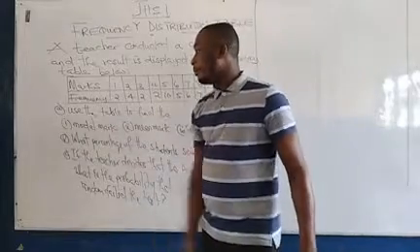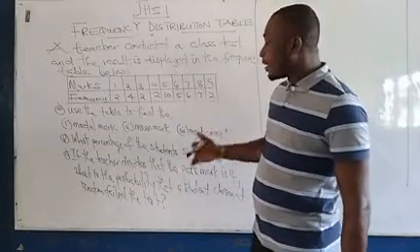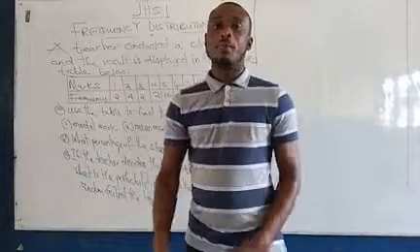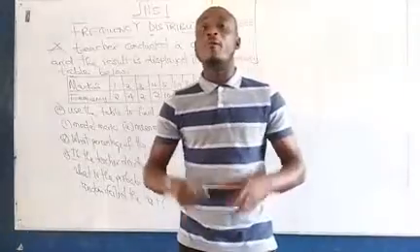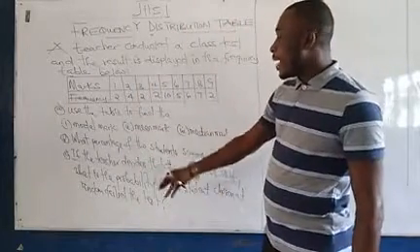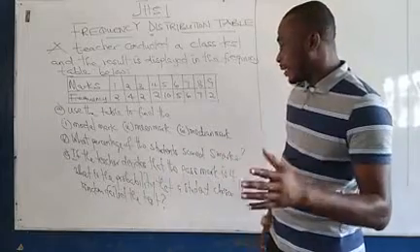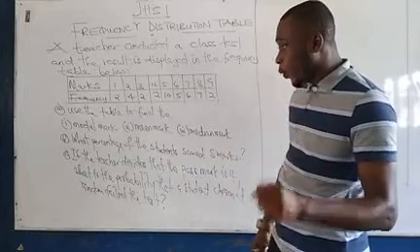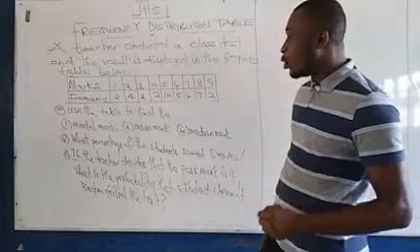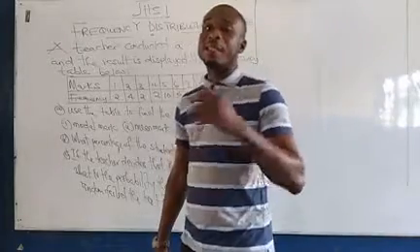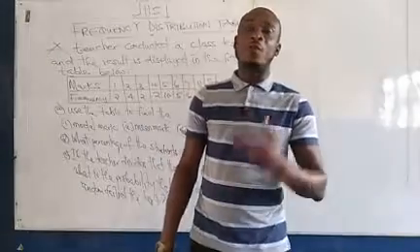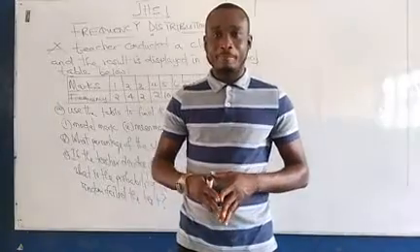Then we come to B. B says, what percentage of the students scored 5 marks? C, if the teacher decides that the pass mark is 4, what is the probability that a student chosen at random failed the test? Good.